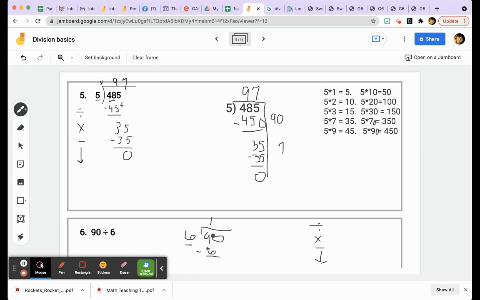Subtract 3. Bring down the 0. 6 will go into 30 5 times. 5 times 6 is 30. And I am left with 0. And I have a quotient of 15.